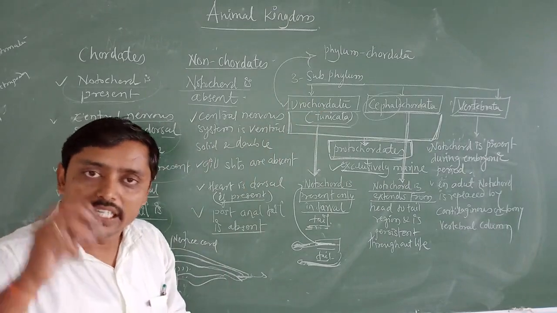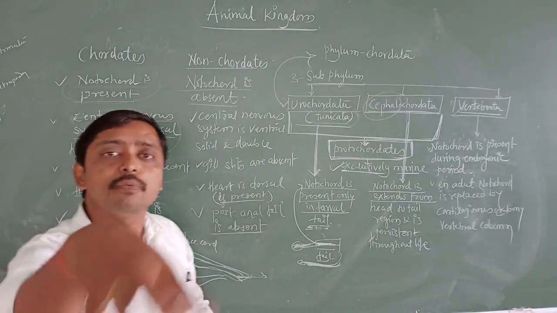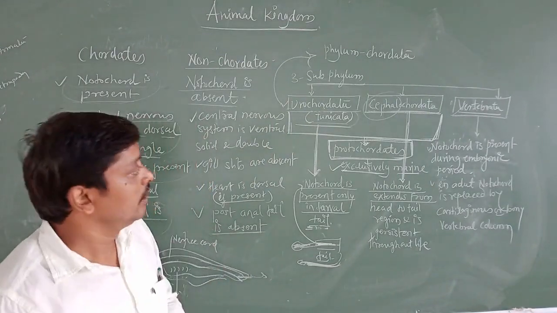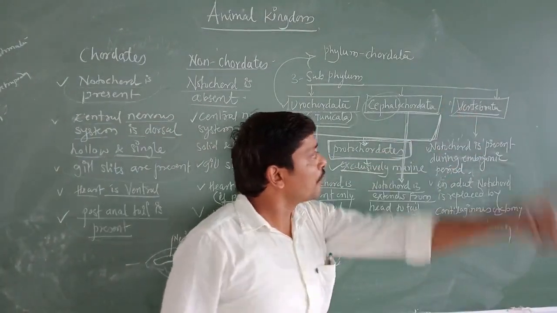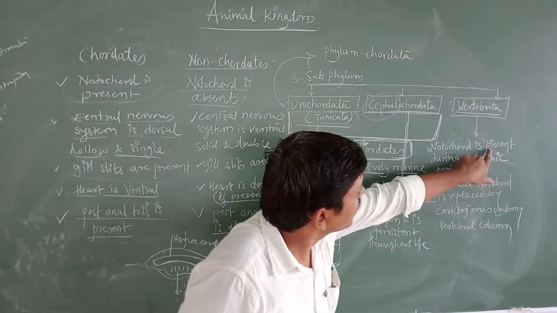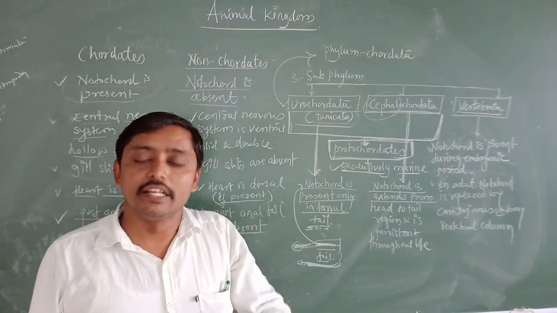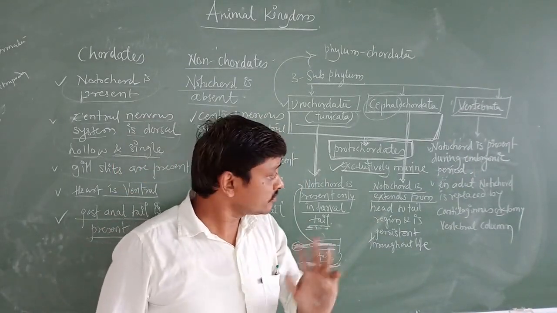Urochordate in the sense, in case of urochordates the notochord is present only in the tail region of the larva, or larval tail region. Next, now and the last one, that is very important, Vertebrata. In vertebrates the notochord is present during the embryonic period, not in adult.